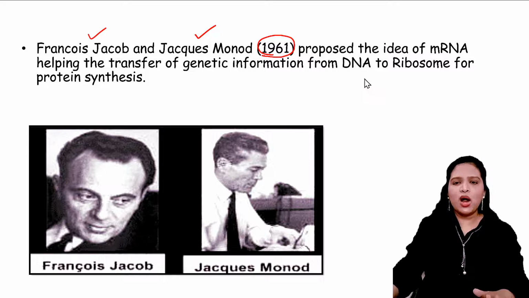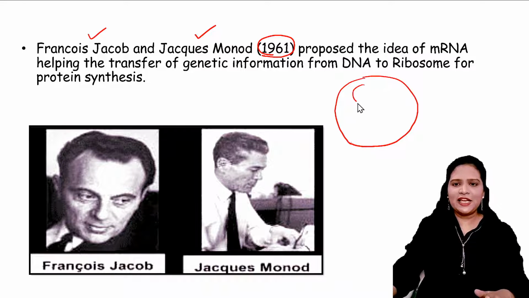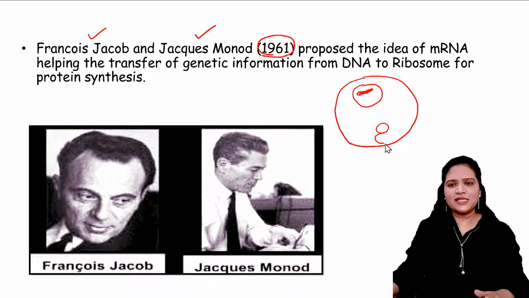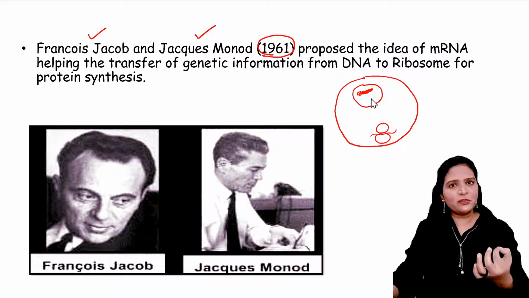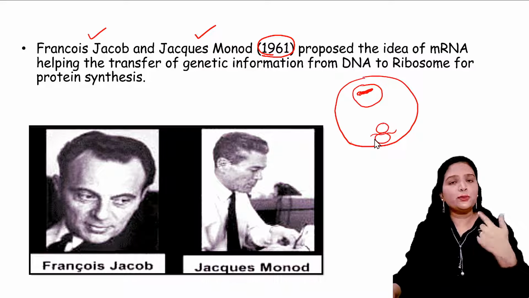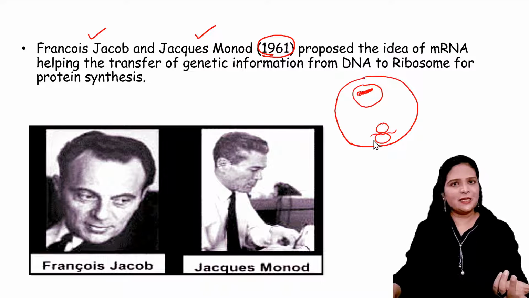Okay. So what did they actually propose? Look here. This is the cell, this is the nucleus where the genetic material DNA is present. This structure is the ribosome where protein synthesis occurs. We know that DNA gives the information to the ribosome in order to produce what type of protein is needed for the cell.